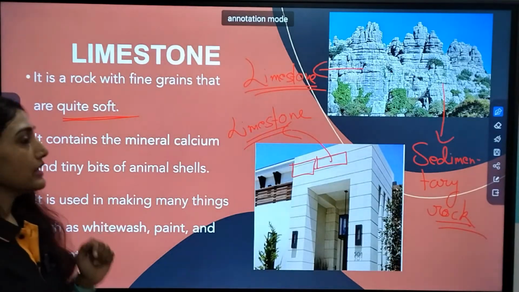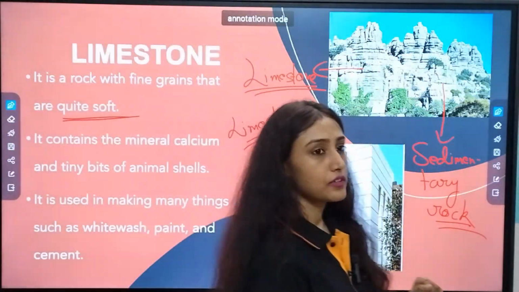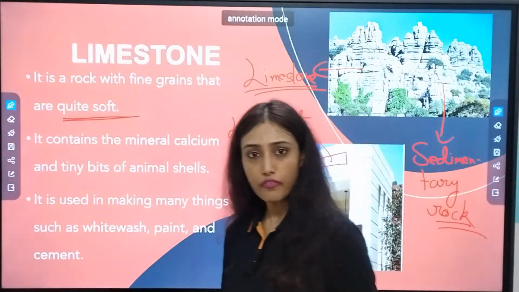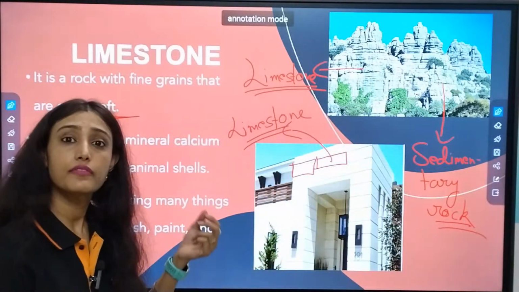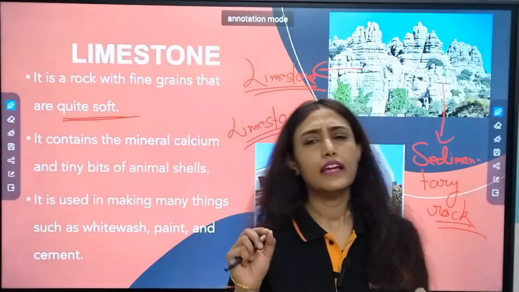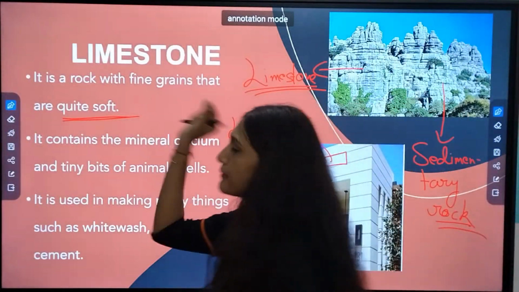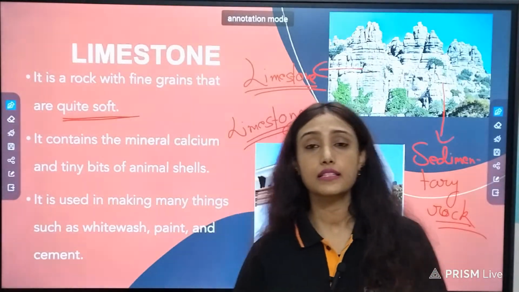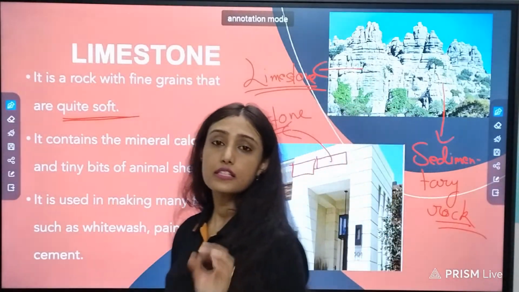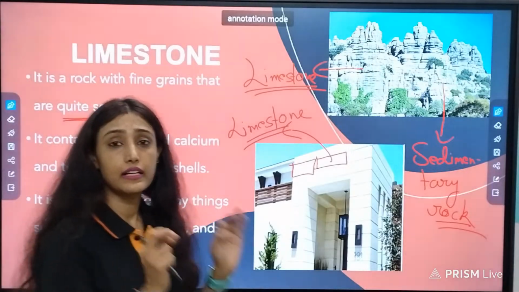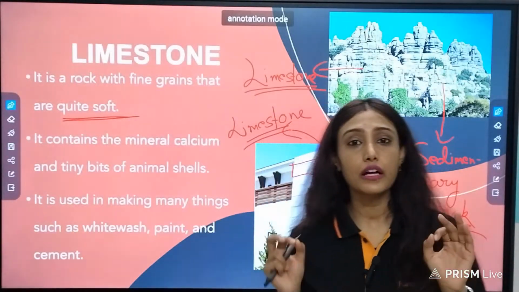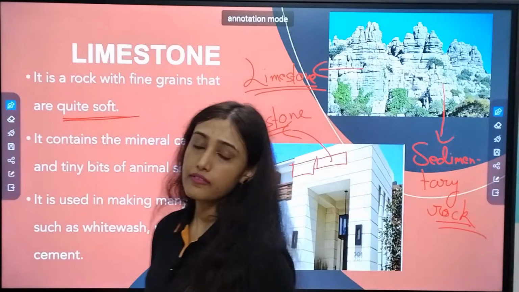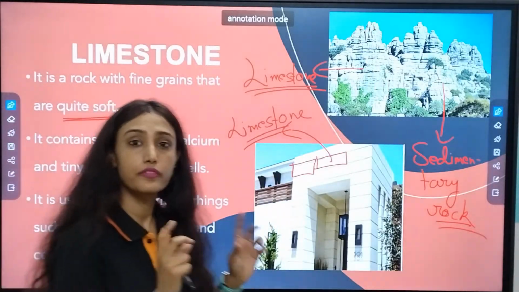So if the question now comes, why are sedimentary rocks soft? Because they are formed of sand. Then obviously limestone and sandstone are soft. Then why is conglomerate hard? Because it does not only contain sand, it also contains stones and pebbles and gravels along with it.